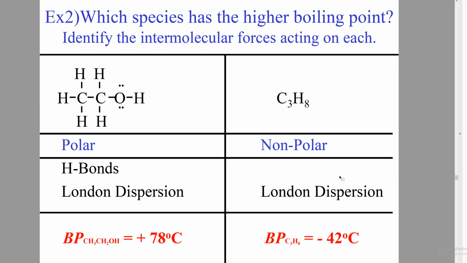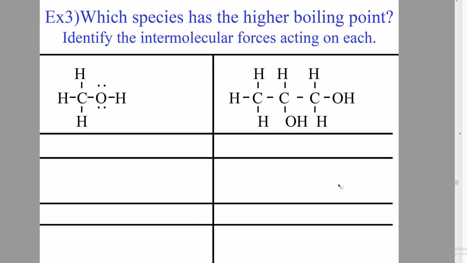All right, let's see if you can pause this one and do it yourself. Which species has the higher boiling point, and identify the IMF on each one. So if I take a look at CH3OH versus CH3CH2OH, we automatically know a couple of things. The first thing is both are going to be polar.